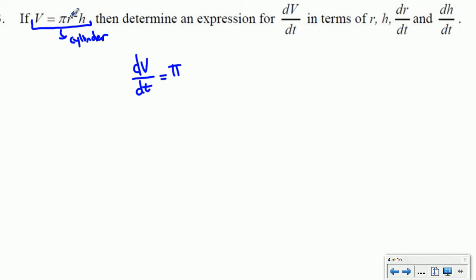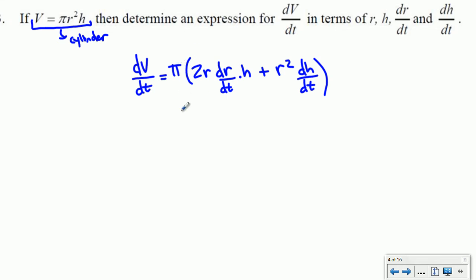Pi, just the constant, and then we need to do product rule for r squared times h. So that would be 2r dr/dt times h. So that's the derivative of the first times the second, and then you need to add the derivative of the second times the first, so dh/dt times r squared.